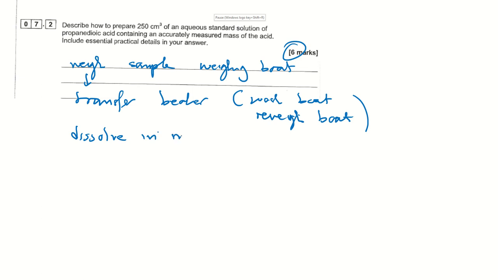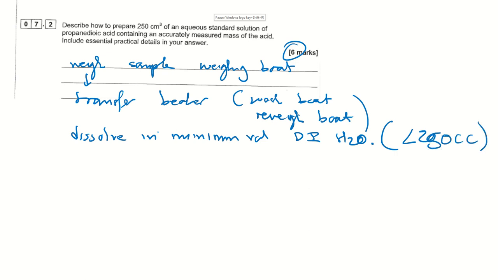okay, and you dissolve it in a minimum, okay, minimum volume of deionized water. Okay. Now if you do specify a volume, it must be less than 250 cubic centimeters, because your volumetric flask and the volume you're making is only 250 at maximum.